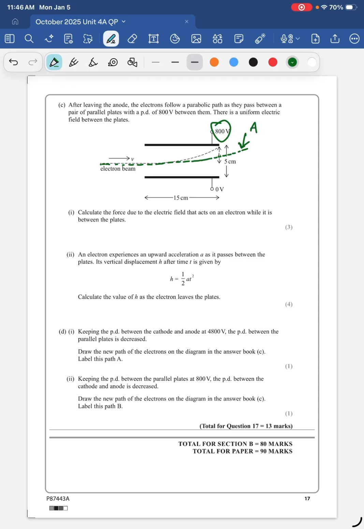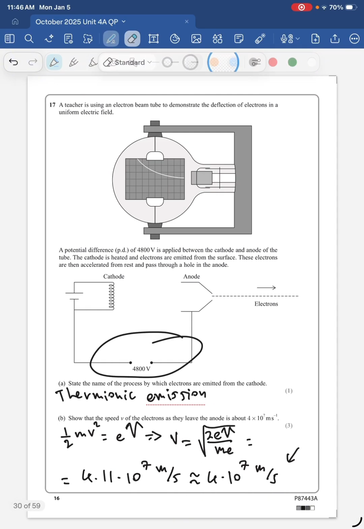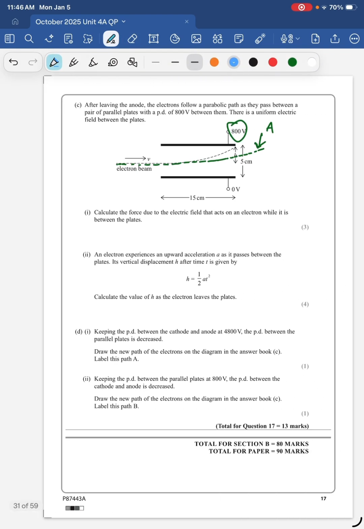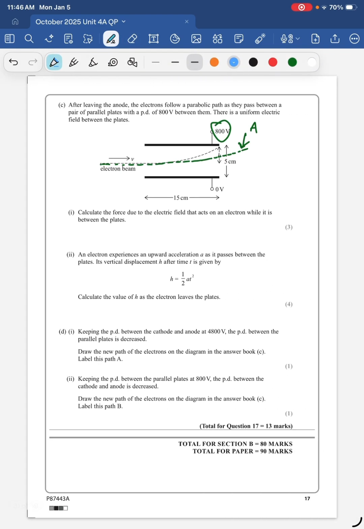Okay, since they want us to use the booklet. Part 2, keeping the potential difference between the parallel plates at 800 volts, the potential difference between the cathode and anode is decreased. So if we go back here, they now decrease this value, okay? Which means that now the velocity of the electron beam is going to be lower.